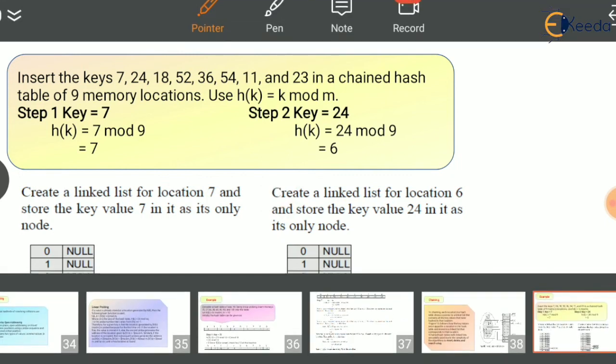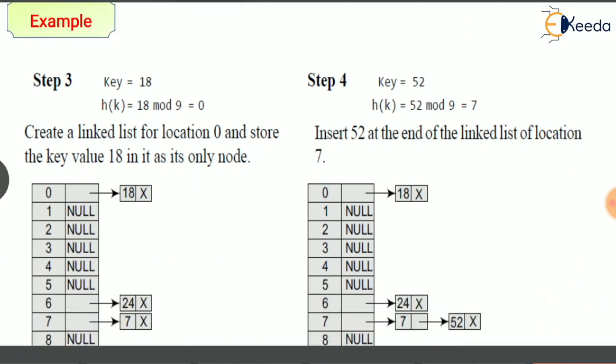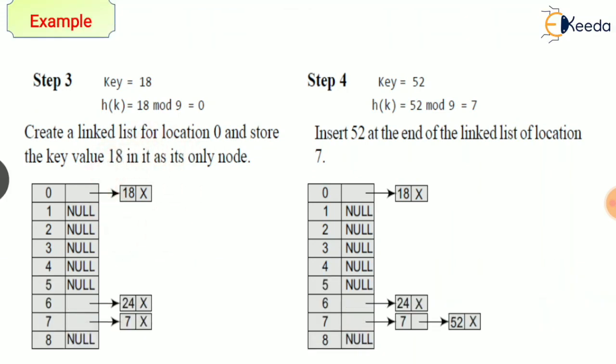Now the next step, in steps 3 and 4, the next key values are 18 and 52. Now 18 mod 9 is equal to 0, so the key 18 is stored at the 0th position. In step number 4, we got the key value 52, and for 52 we got the position after calculation, that is 7.